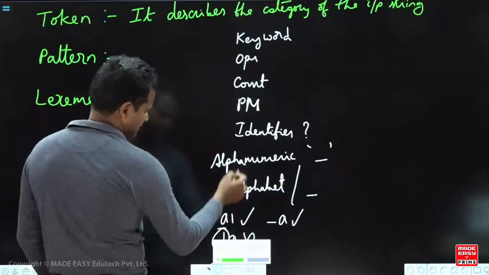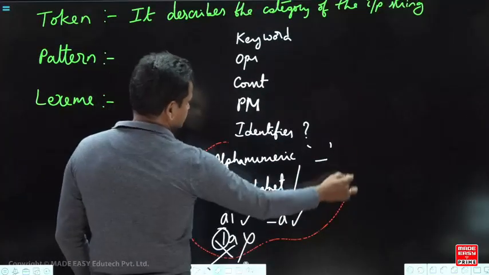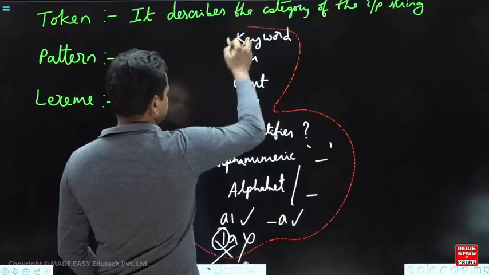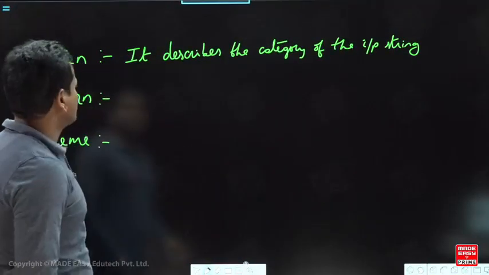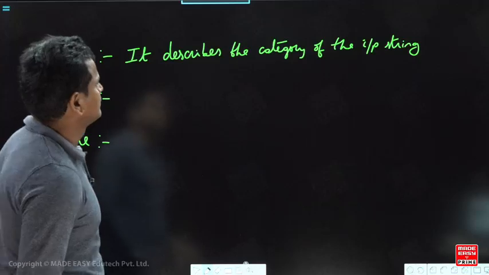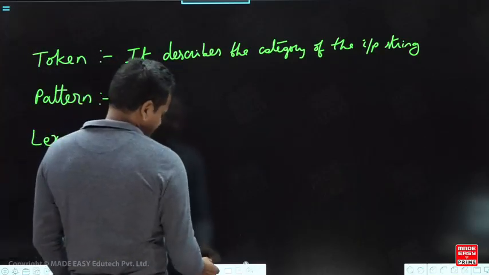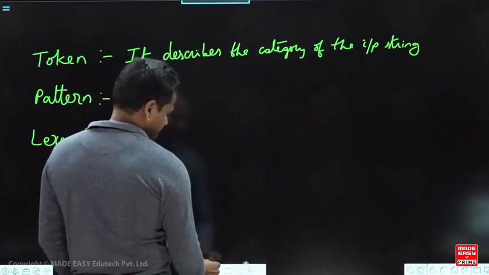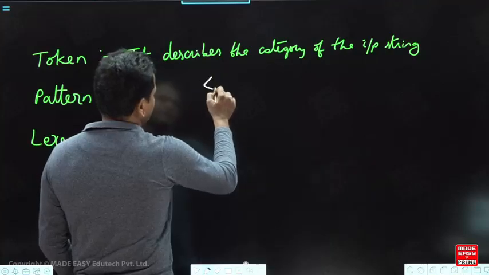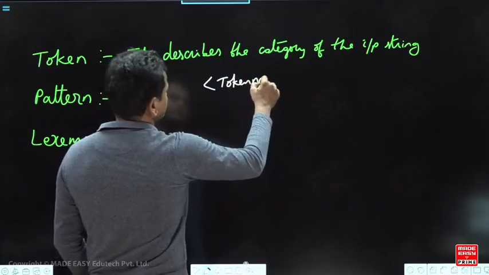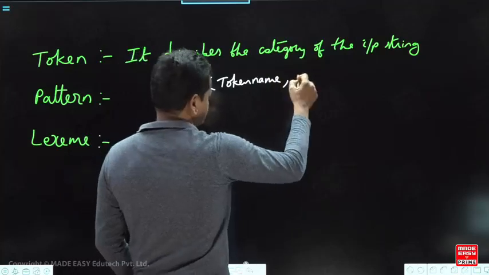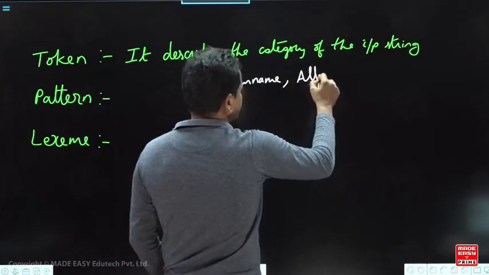Now, a token is a pair. A token is a pair consisting of a token name and an attribute value.